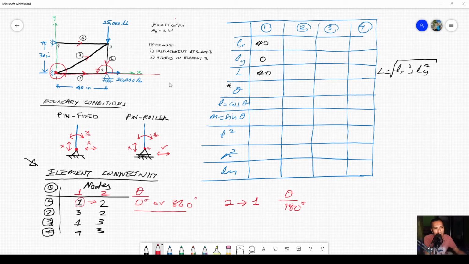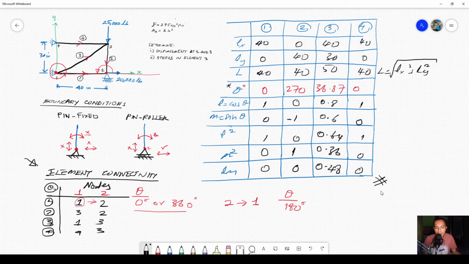Then a similar approach applies to the other elements as well, in order to obtain their angles. When we have developed these angles, then we can fill our table so that we have the table as shown here.